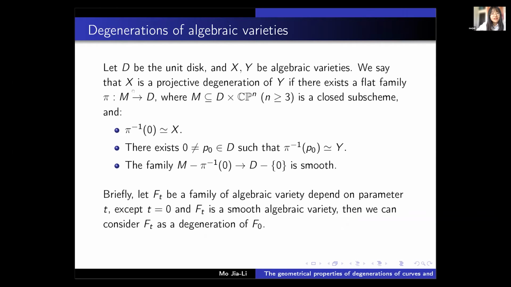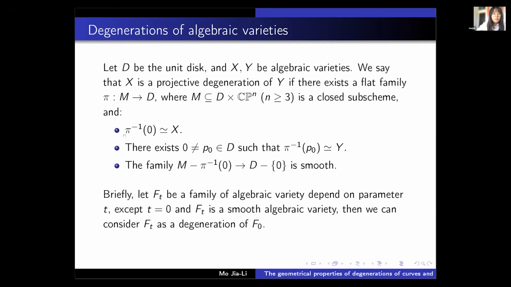We say that X is a projective degeneration of Y if there exists a flat family pi from M to D, where M belongs to D product CPn, n greater than or equal to 3. M is a closed subscheme and satisfies 3 conditions as follows.